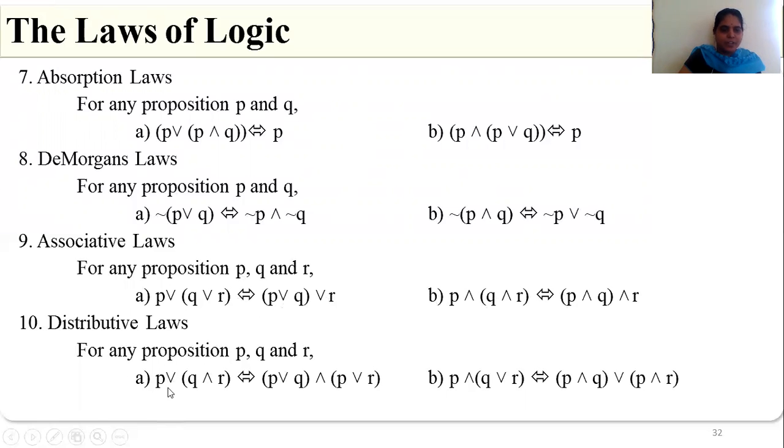Distributive law: P or (Q and R) is equal to (P or Q) and (P or R). Similarly for the conjunctions.